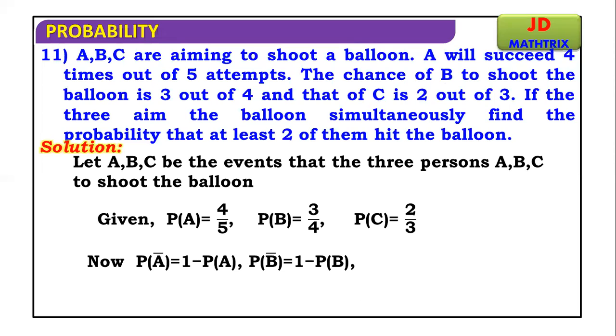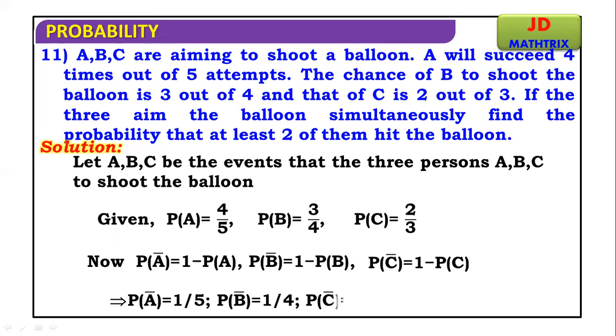Now P of A bar is equal to 1 minus P of A, P of B bar equal to 1 minus P of B, P of C bar equal to 1 minus P of C. So that is 1 minus 4/5, that is P of A bar equal to 1/5, P of B bar 1/4, and P of C bar is equal to 1/3.